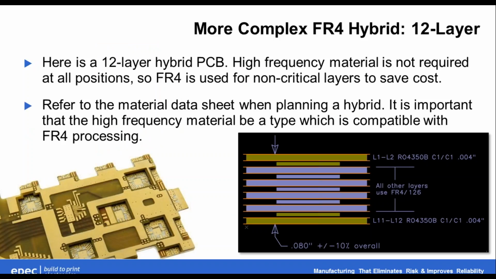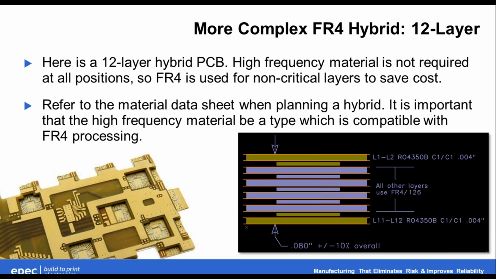Now here's an example on the right of a more complex FR4 hybrid. This is a 12-layer. The high frequency material is not required at all positions, so if you look, the FR4 is being used at the non-critical layers to save cost.